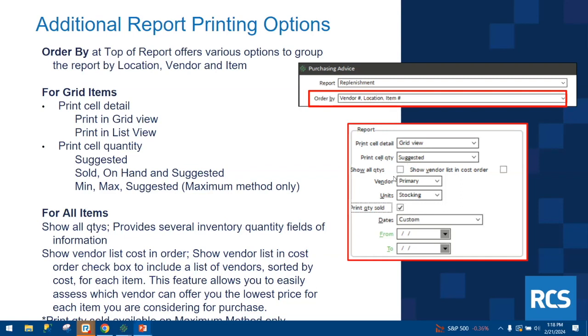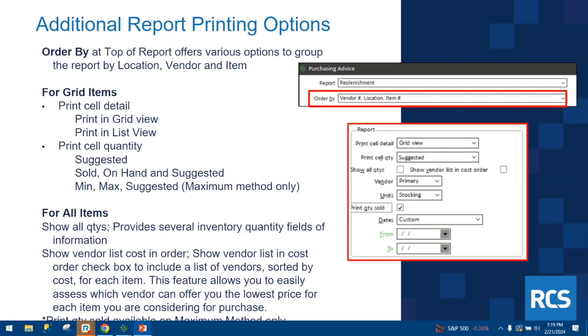And these up here, sorry, these show all quantities. So show all quantities is going to show us the quantities from several different inventory fields and vendor item fields. And I'm going to show you that in a screenshot at the end. And then also, we have the ability to show a listing of vendor items in lowest cost order.